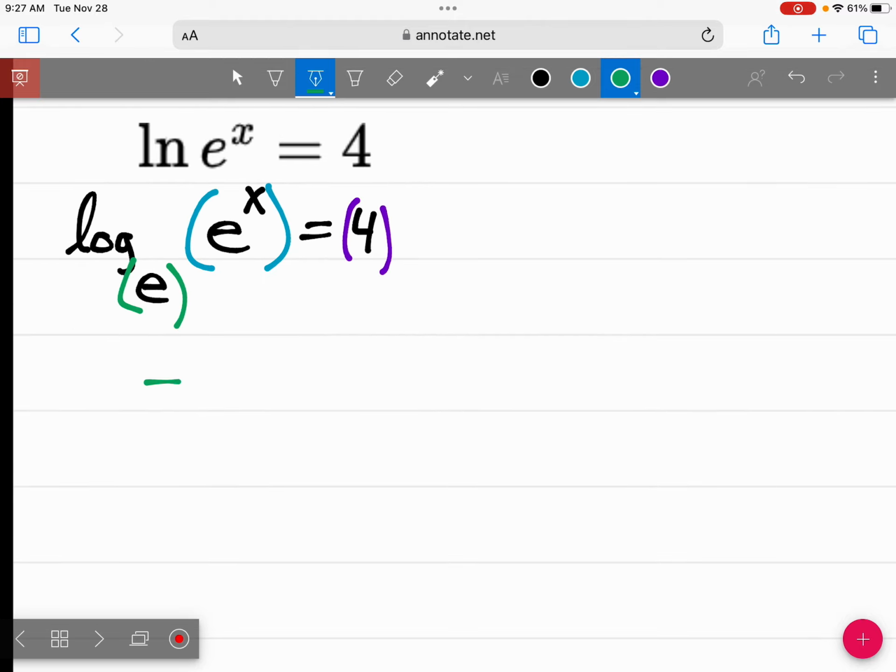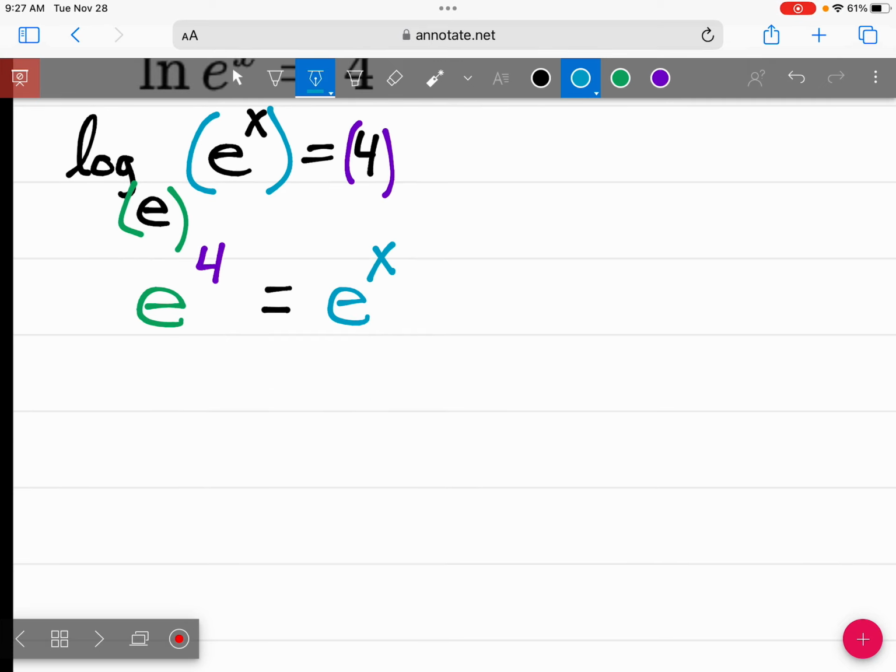So my base of e, my power of 4, equals my argument, e to the x. What does x equal? 4. Because e to the 4th equals e to the what? E to the 4th. So it doesn't matter what e is, x has to equal 4.